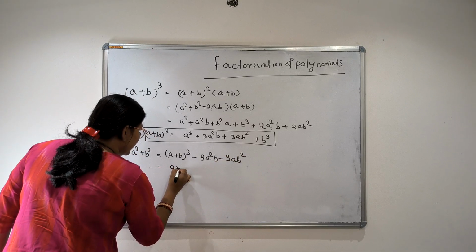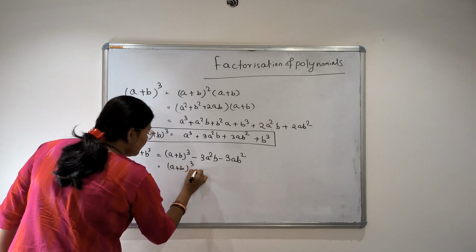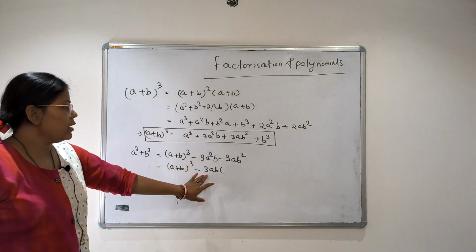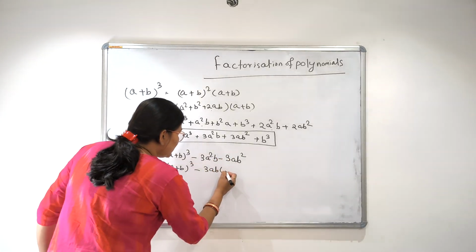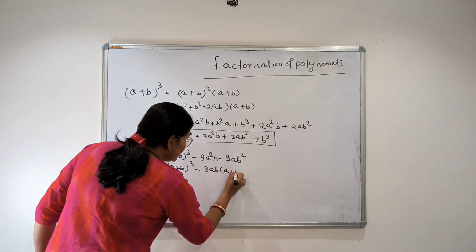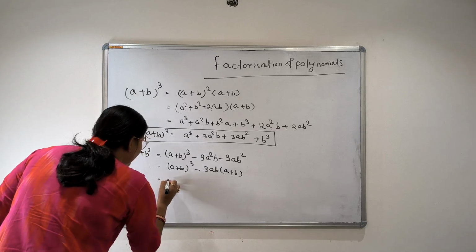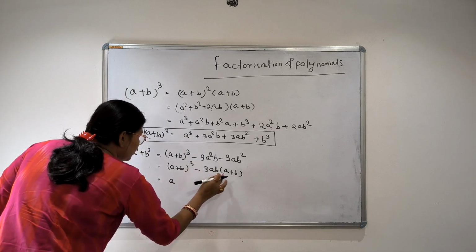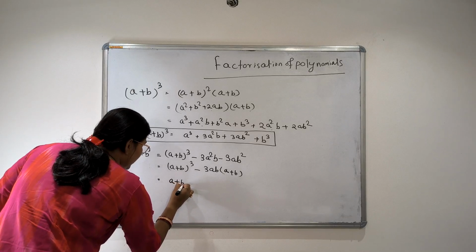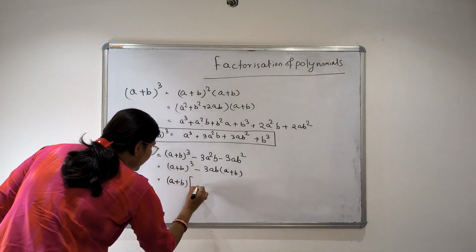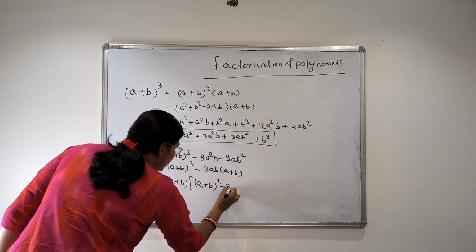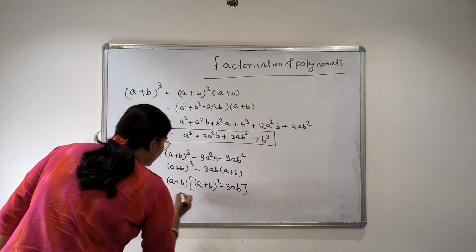So a plus b whole cube minus 3ab; we can take common from here, 3ab into a plus b. This implies we can take common a plus b, so it is a plus b whole square minus 3ab.